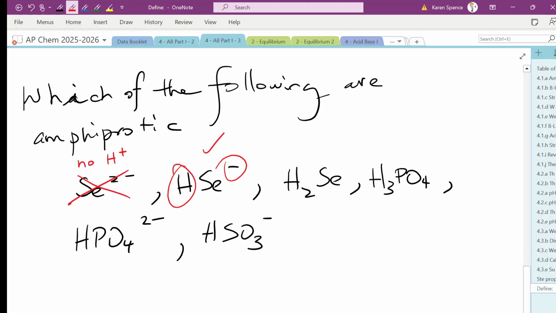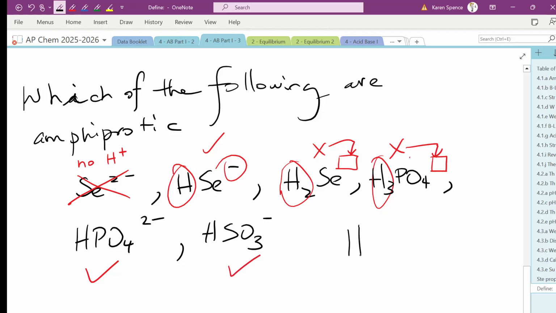H2Se, yes or no? No, because we have the H, but we don't have a negative. H3PO4. We've got an H, but again, there is no negative. HPO4 2 minus? Yes.